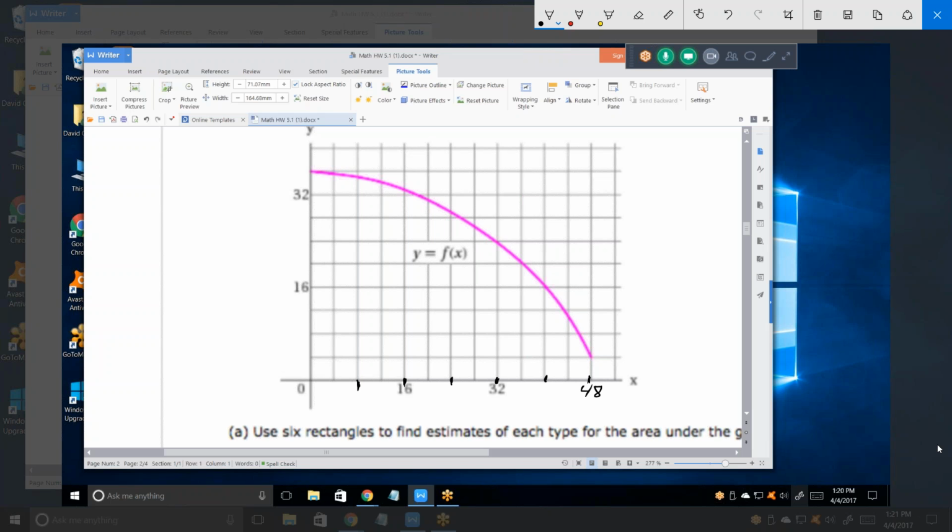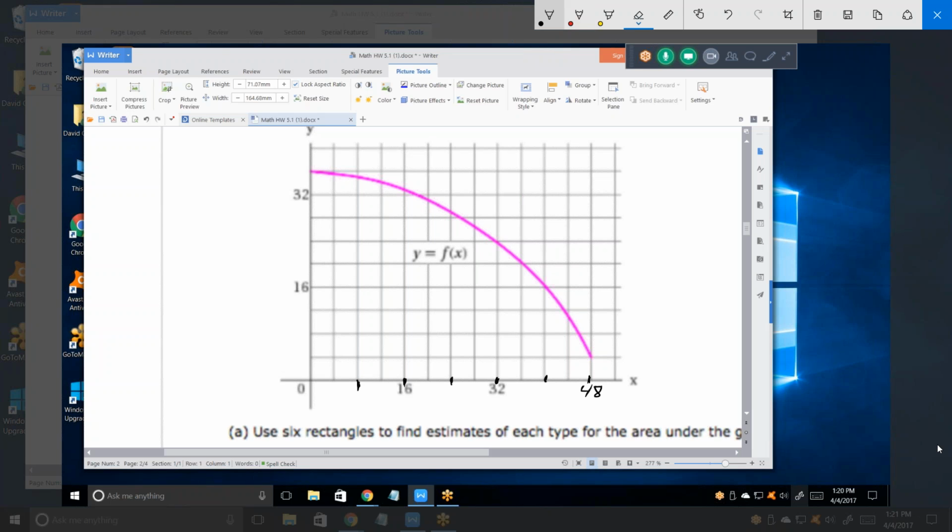Now, let's examine both types, the left RAM and the right RAM. I don't know how they can even teach this without that concept. In other words, I guess you could assume that this is going to overestimate it and that is going to underestimate it, and that's kind of what they're thinking, I guess.